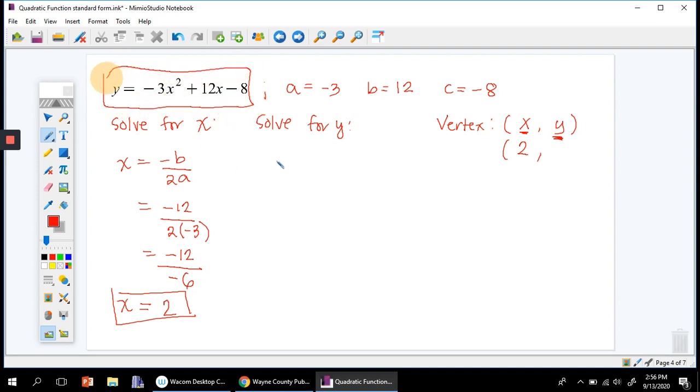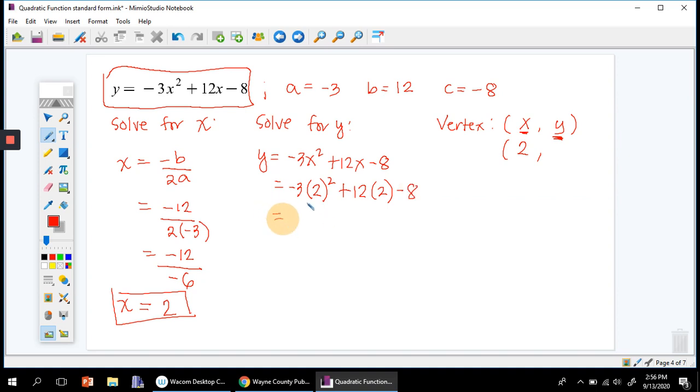We will just simply plug in the value of your x to the given function so we can solve for y. Negative 3x squared plus 12x minus 8, right? And we are going to change all our x with positive 2. So this becomes negative 3 times 2 squared plus 12 times 2 minus 8.